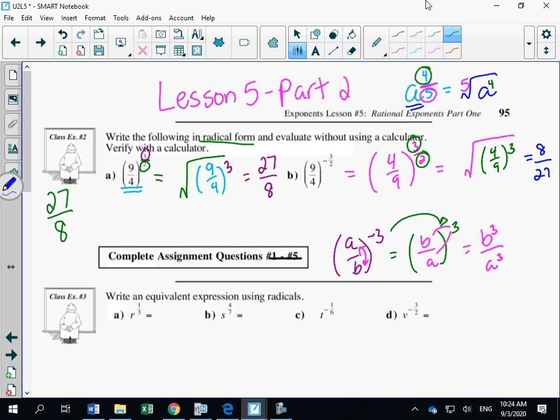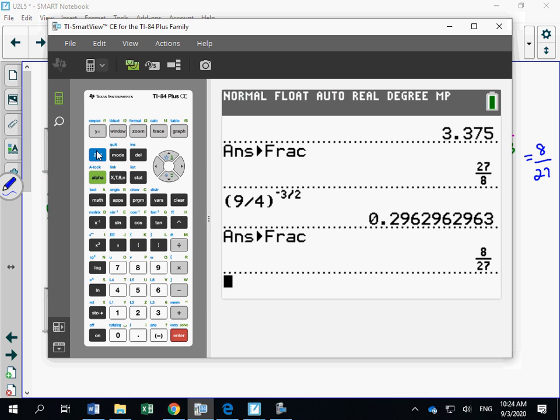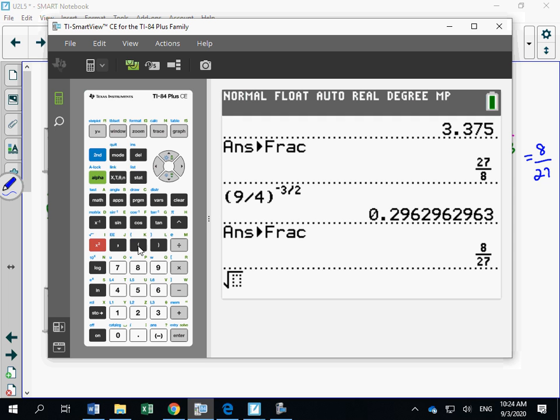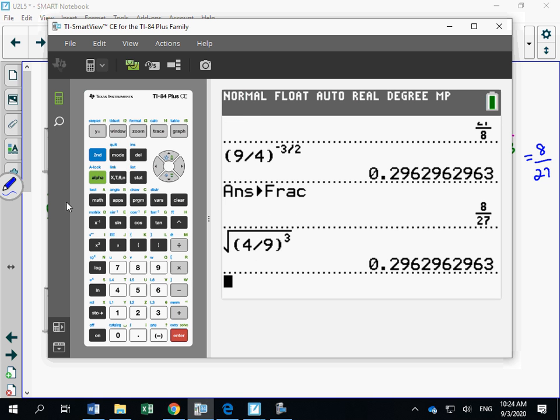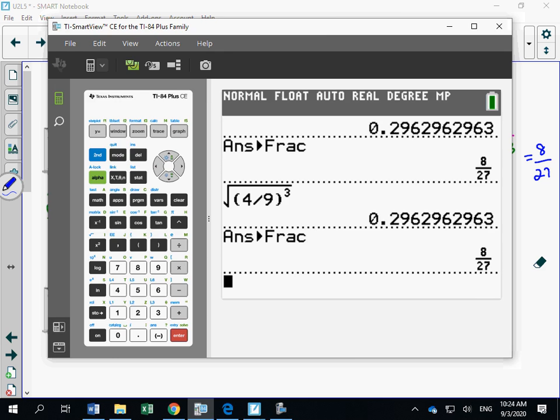And let's verify by typing this in, the square root of 4 over 9 to the power of 3. So the square root of, open bracket, 4 divided by 9, close that bracket, to the power of 3. Math 1 fraction, 8 over 27.